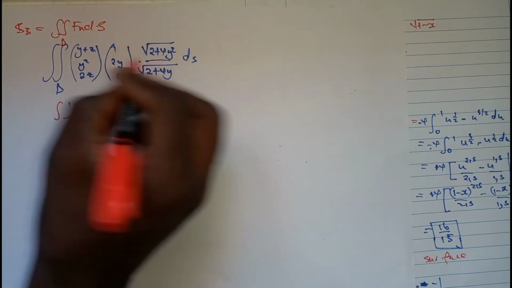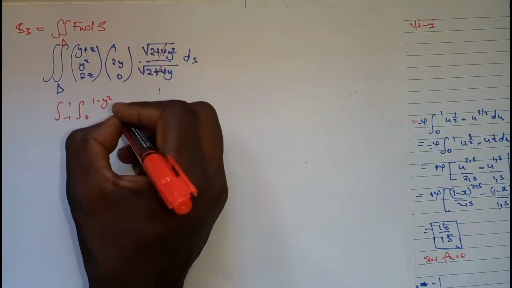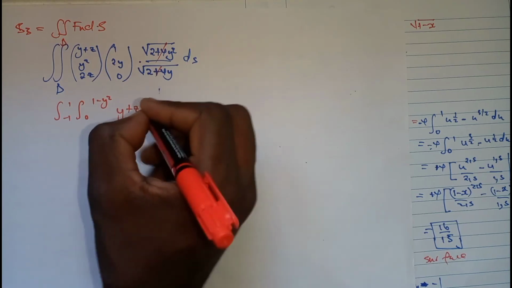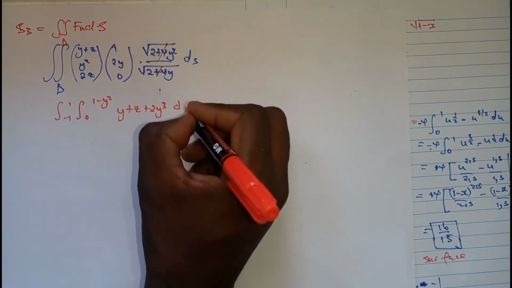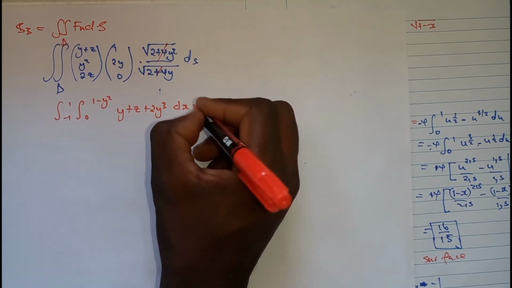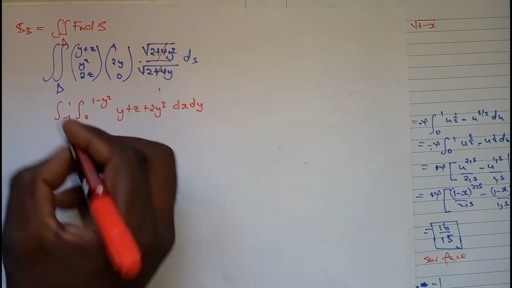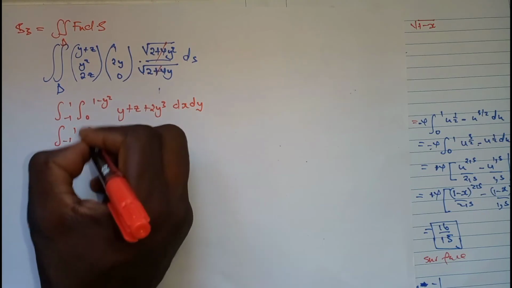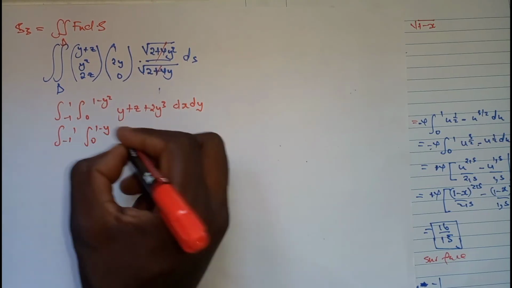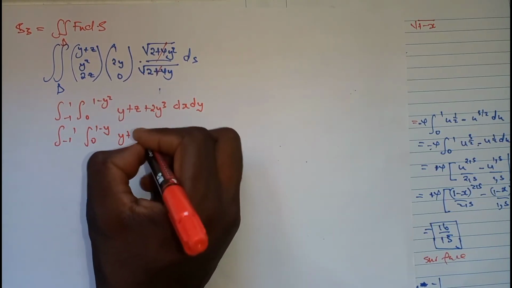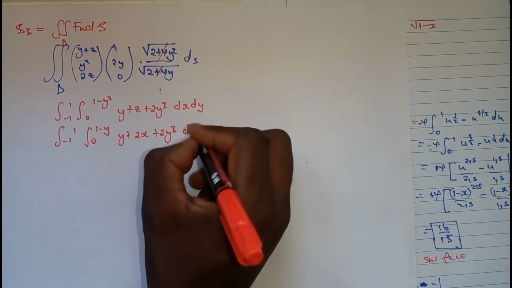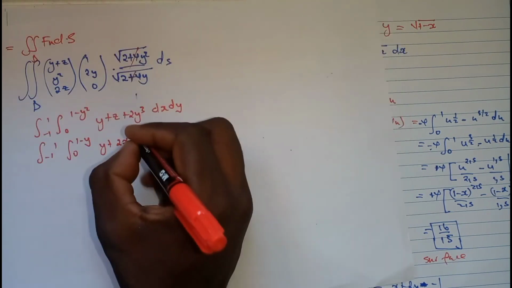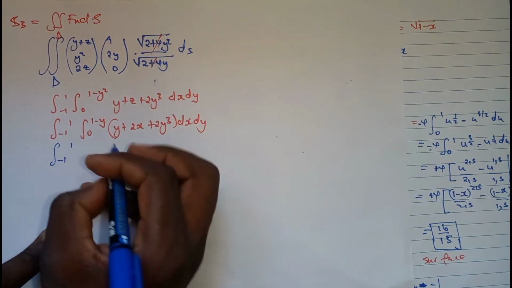And here, I'm going to have y plus z plus 2y to the power 3, and I'm going to have dx dy. We know z. We're told that z is equal to 2x, so I'm going to have 2x plus 2y to the power 3 dx dy from negative 1 to 1.